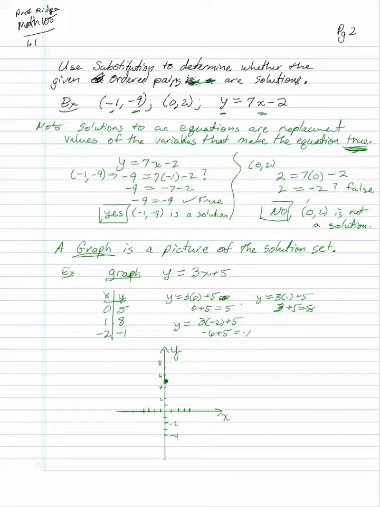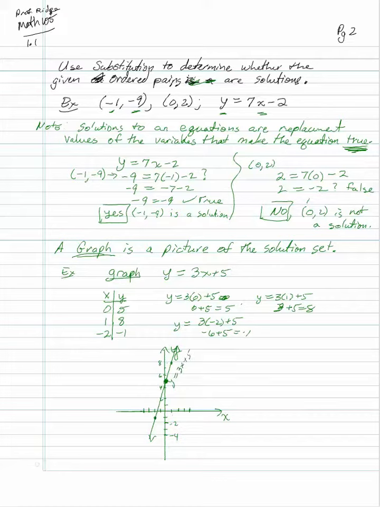We're across the y-axis. (1, 8), and then (-2, -1). So I plot those 3 points, put a ruler down, which you can't see, and then I magically draw the line through them. And then that's the line y equals 3x plus 5.